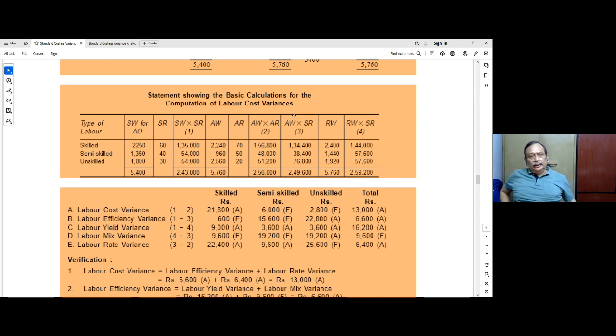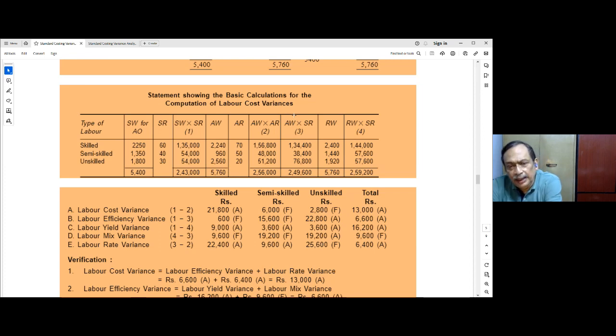Then we have labor yield variance. That is 1 minus 4. Skilled 9,000 adverse. Semi-skilled 3,600 adverse. Unskilled 3,600 adverse. So total 16,200 adverse. Then we have labor mix variance.